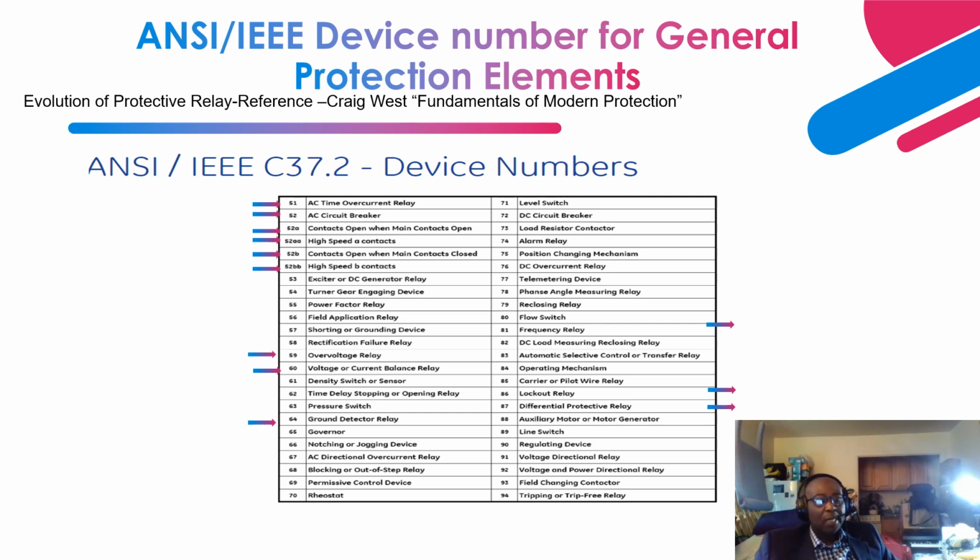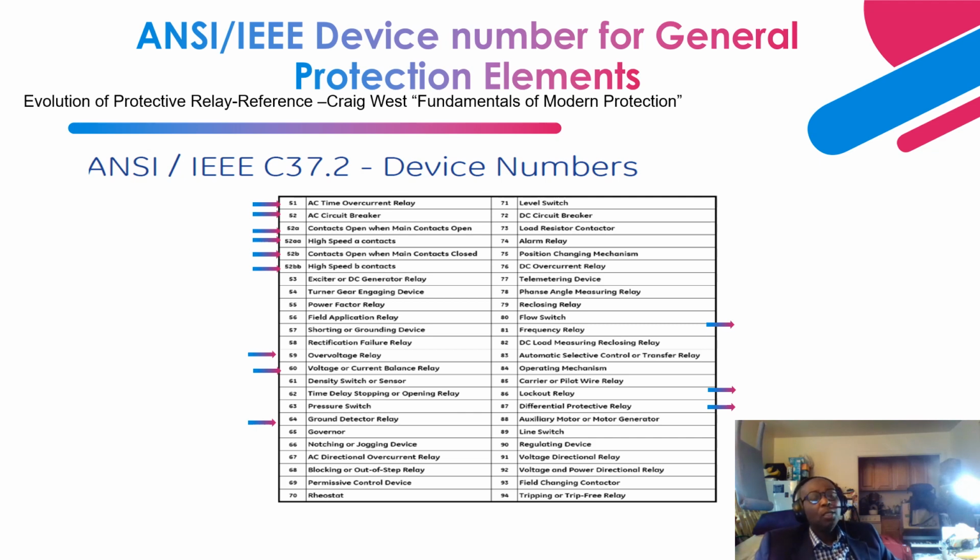And for voltage unbalance due to a fuse loss, that's ANSI device 60. Then for ground detection, we utilize 64. Then for frequency elements protection, we utilize ANSI device 81. Then lockout relay. Lockout relay is ANSI device 86.